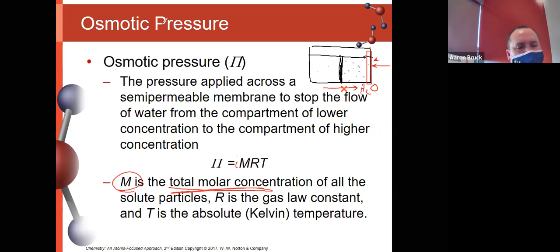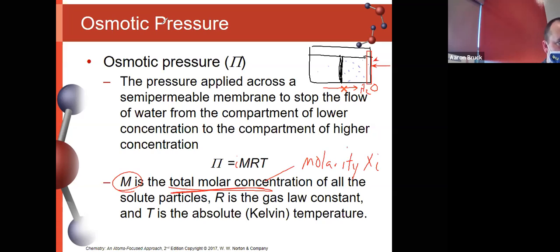Total molar concentration is molarity times the van 't Hoff coefficient. So osmotic pressure, we can calculate it as the molarity multiplied by the van 't Hoff coefficient times R, the universal gas constant, and T, the absolute temperature in Kelvin.